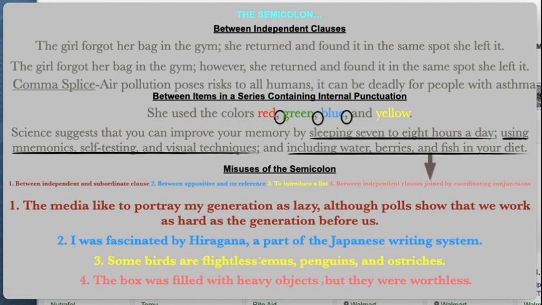What is the conjunction here? But. So we don't want semicolon plus coordinating conjunction. We either have to, in this case, put a comma and a coordinating conjunction. The box was filled with heavy objects, but they were worthless. Or we can simply use a semicolon. The box was filled with heavy objects, semicolon, they were worthless.